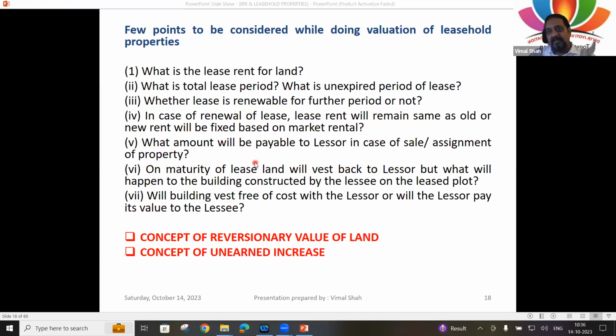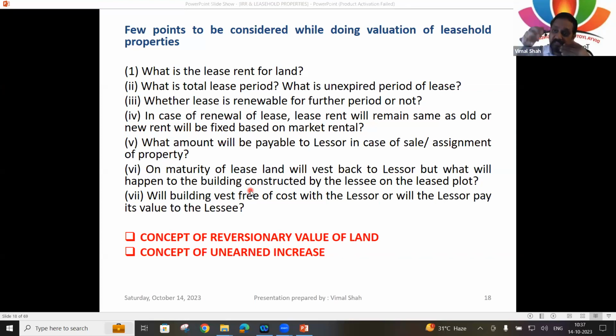If you are taking land on lease from the Industrial Development Corporation, whenever you assign your lease to someone else, you have to pay a transfer fee to the Industrial Corporation. So what transfer fee has to be paid? On maturity of the lease, will the land vest back to the lessor, and what will happen to the building constructed by the lessee on the lease plot, if it is a building lease?